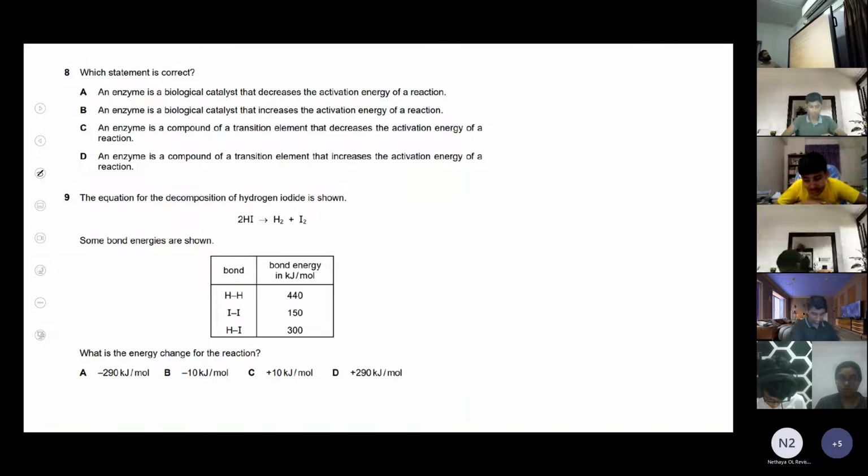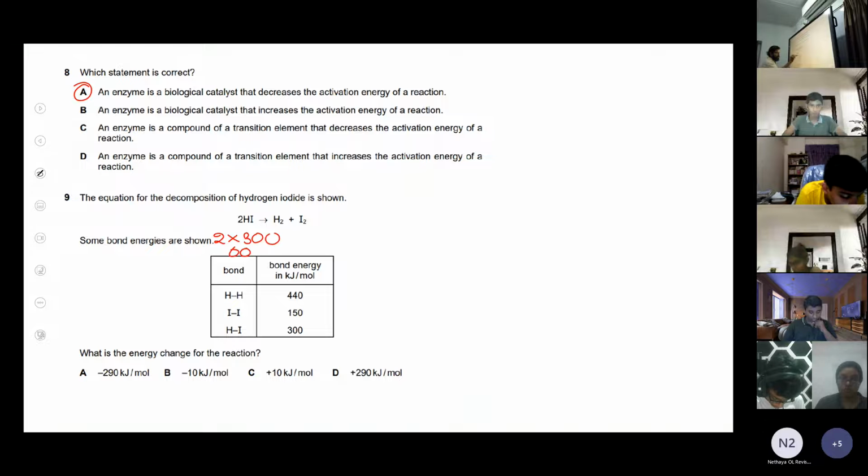Right. Which statement is correct? An enzyme is a biological catalyst that decreases the activation energy of a reaction. Right. Next one. Some bond energies are given. The energy change for the reaction. We know you guys are much smarter than this.